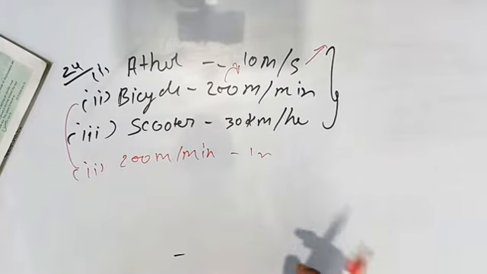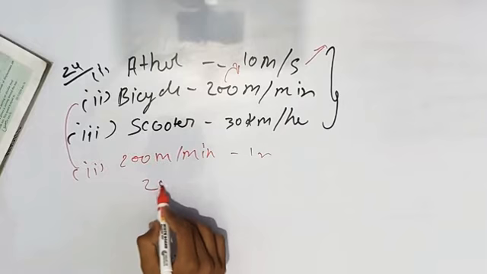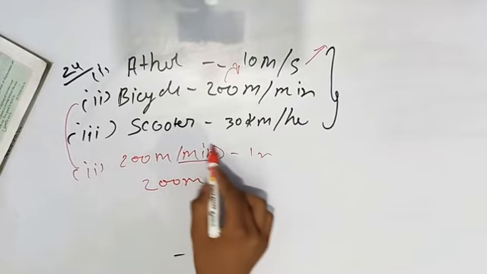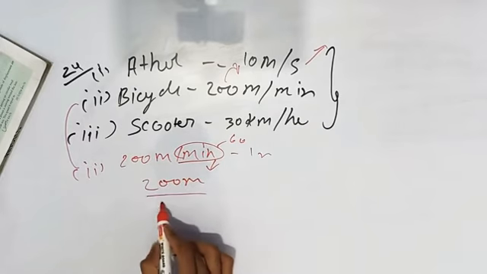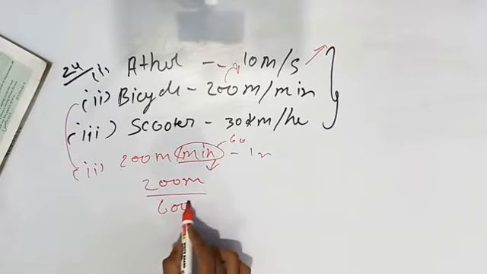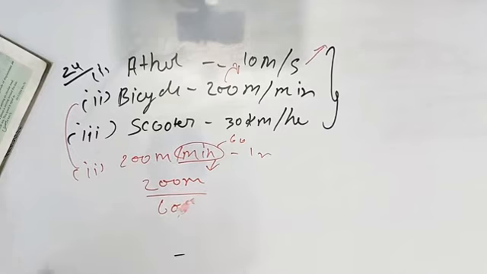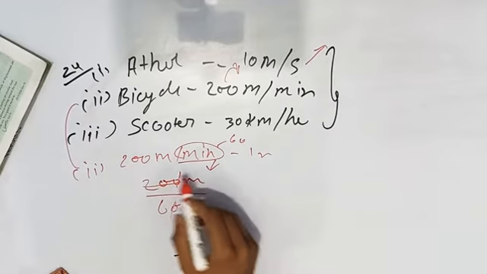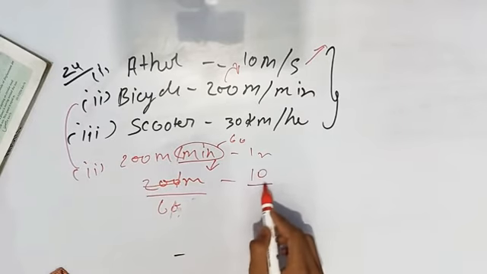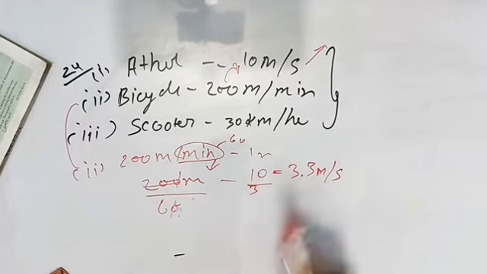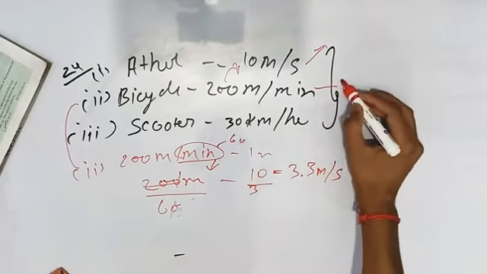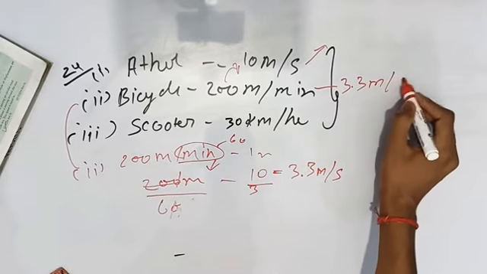In 1 minute there are 60 seconds, so we will divide 200 meter by 60 seconds. The answer will be 10 upon 3, so we can say 3.3 meter per second.